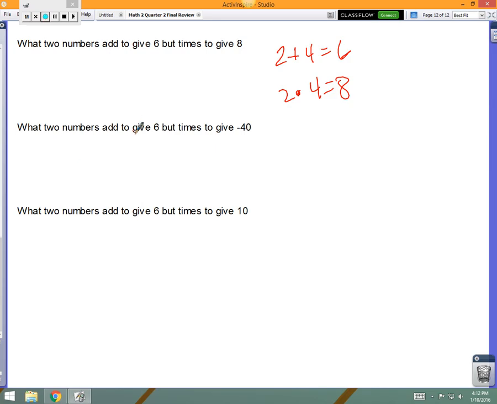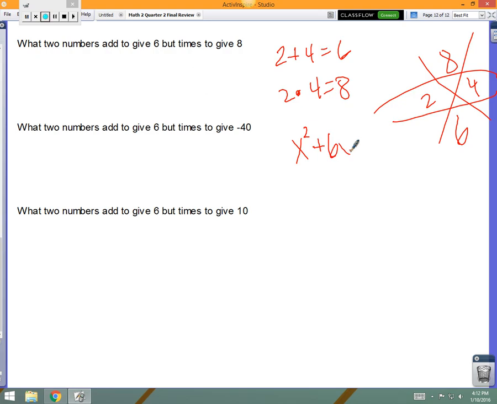What two numbers are going to add and give you 6 but times to give you a negative 40? So the little template we're looking for, it's going to times to give you 8, add to give you 6. These numbers are 2 and 4. So if you represent this with a polynomial, it is going to be x squared plus 6x plus 8.